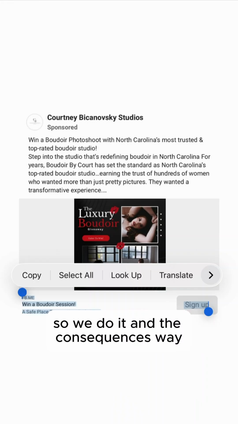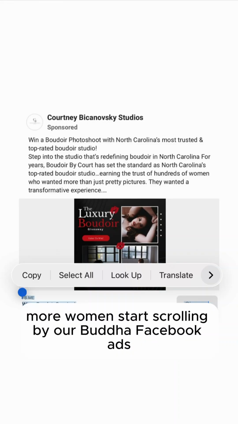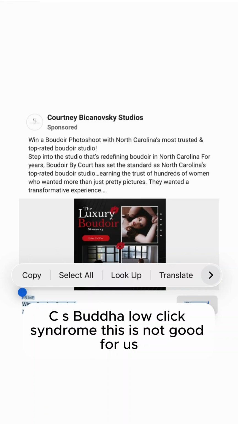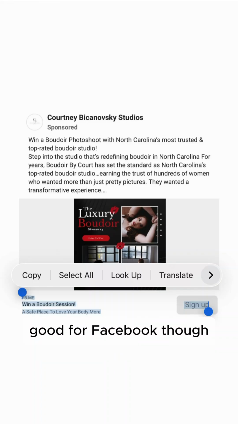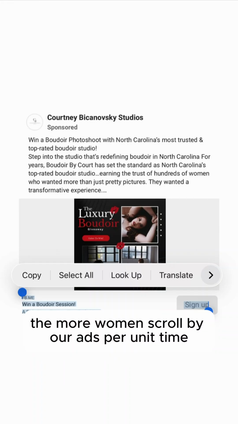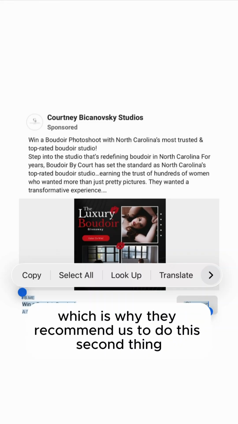So we do it. And the consequence is way more women start scrolling by our boudoir Facebook ads, pulling our unique CTR all under 6%, contributing to BLCS, boudoir low click syndrome. So this is not good for us. Good for Facebook though, because they can serve more ads per unit time the more women scroll by our ads per unit time. So Facebook makes more money per unit time, which is why they recommend us to do this.